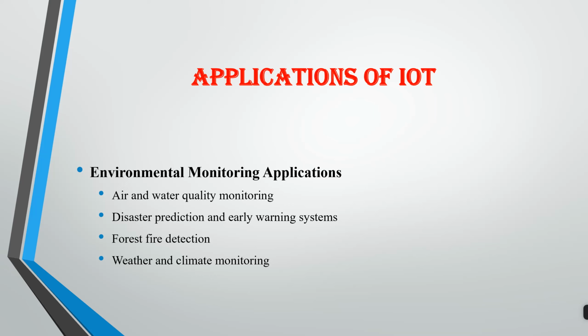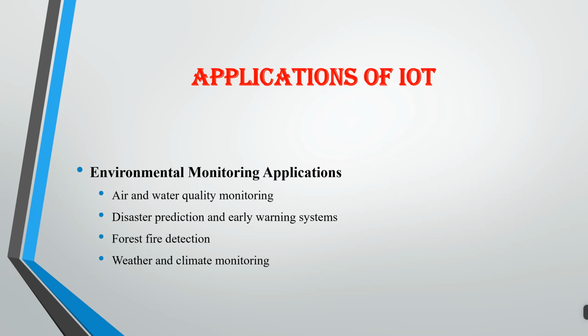How to detect the fire so that a proper solution can be identified is only possible using IoT based applications. At the same time, weather and climate monitoring also plays a very important role. We could predict the weather. Are we going to get rain tomorrow? Or are we going to get a sunny day tomorrow? Because based on climate and weather monitoring, we have a lot of activities to do.